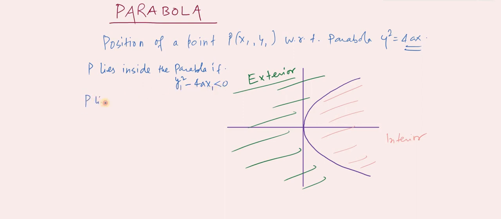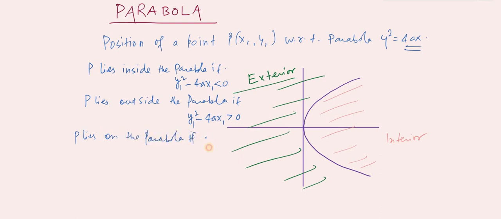If P lies outside the parabola, then y1 square minus 4a x1 is greater than 0, and if P lies on the parabola, then y1 square minus 4a x1 is equal to 0.